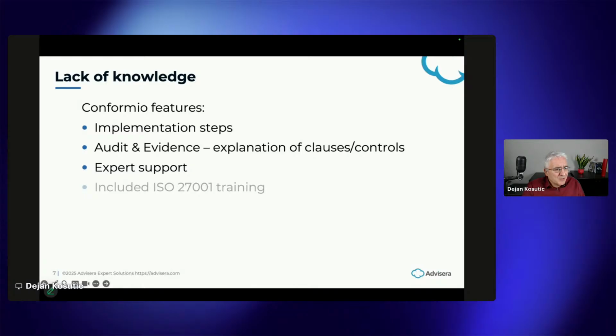Another viewer is asking, can we use Conformio for DORA and NIS2? Right now, no. We are focused now on ISO standards for Conformio, so we currently don't have a plan to go for DORA and NIS2. Actually, for DORA and NIS2 we have different products. We have these documentation toolkits.